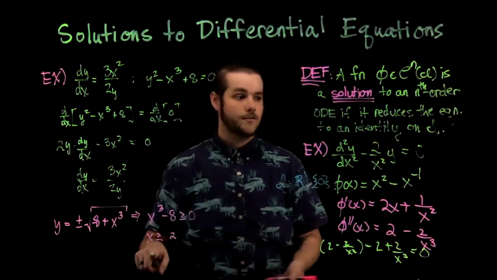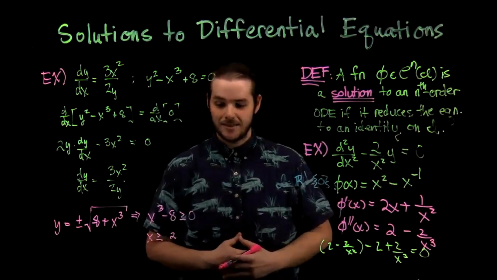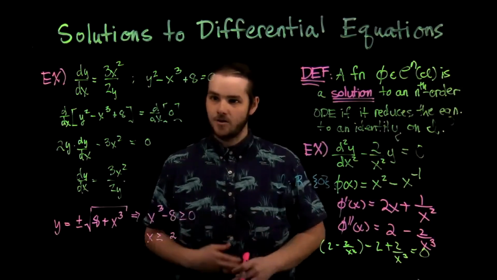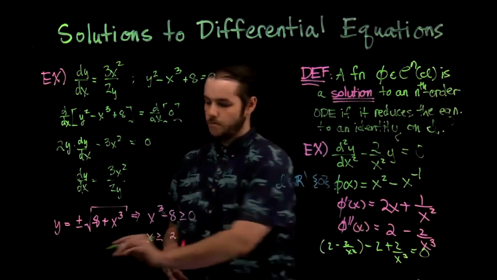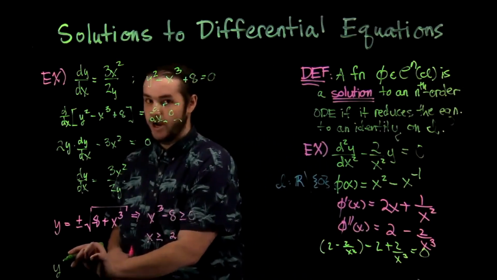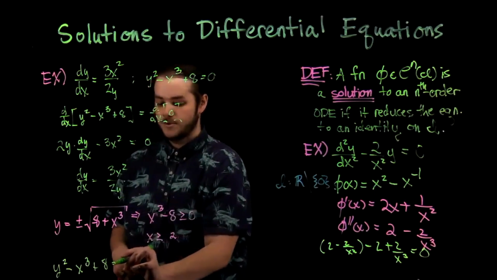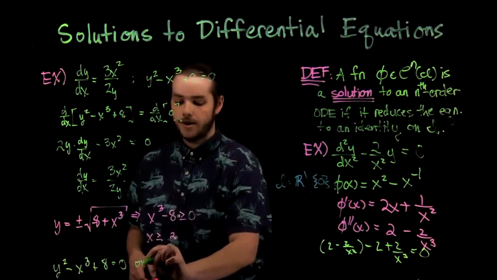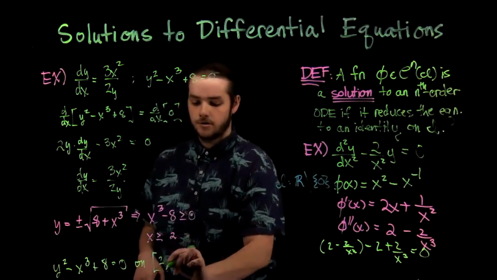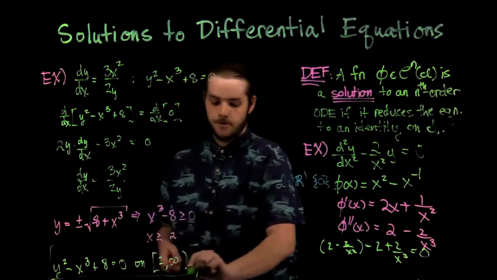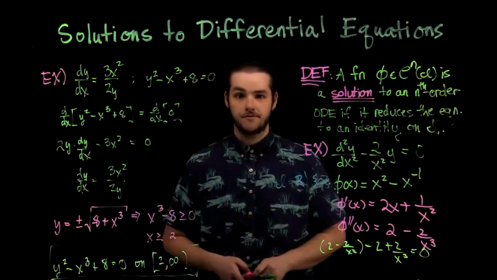That said, the interval of existence is all x greater than or equal to 2. The final answer for this problem, then, would be that y squared minus x cubed plus 8 equals 0 on the interval 2 to infinity is the solution to our differential equation.